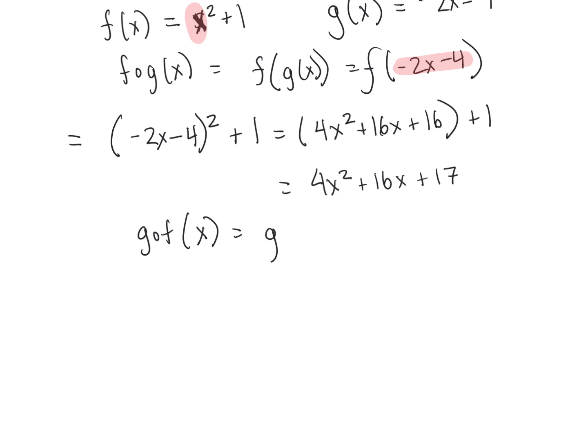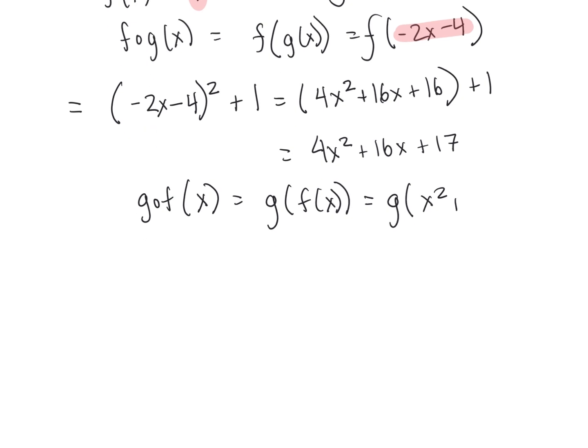So this would be g of f of x. That means g of x squared plus 1. This says wherever I see an x in g, I put x squared plus 1.